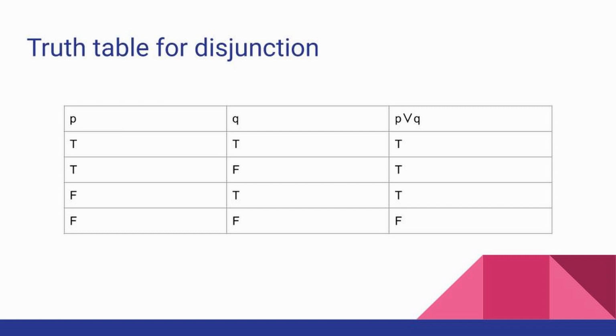If one is true and the other one is false, you will get true. P is false, Q is true, you will get true. If both P and Q are false, you will be getting false. Here, only if P and Q are false, you will be getting false. Otherwise, all the truth values are true.